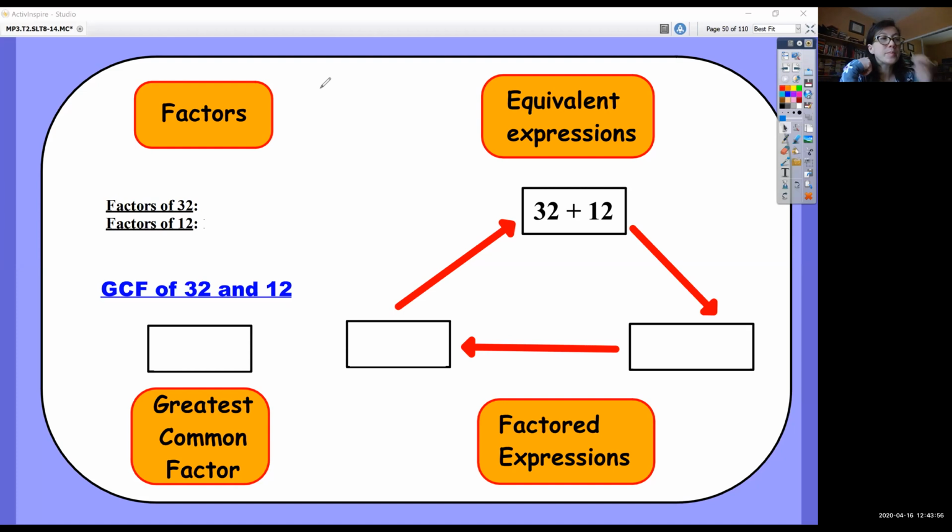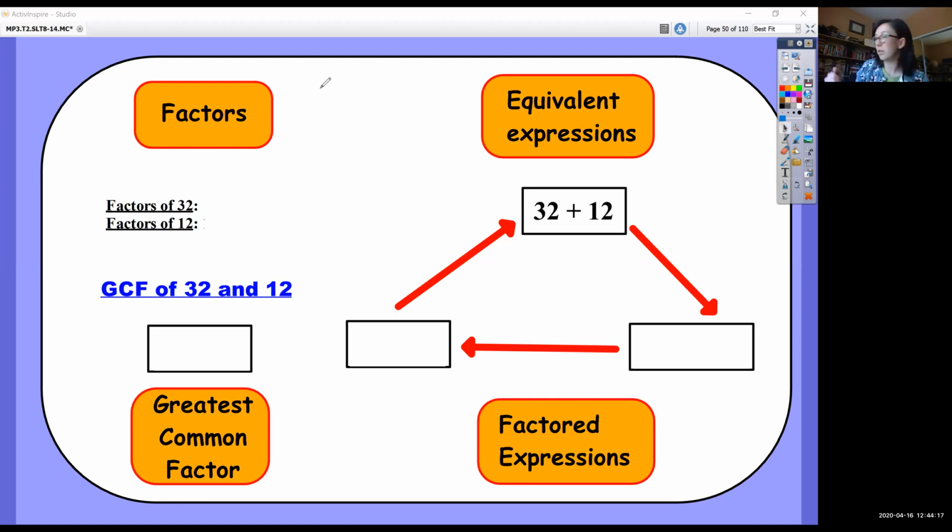A factor is two factors multiplied together to get that number. You can also say that it is a number you can divide it by evenly. So you can go in order and list all the factors that way.